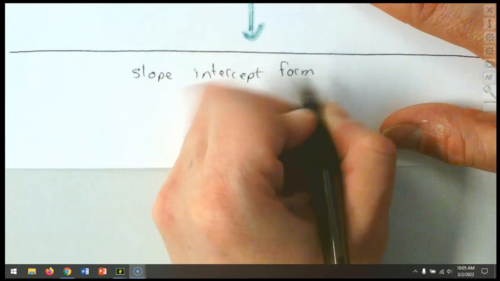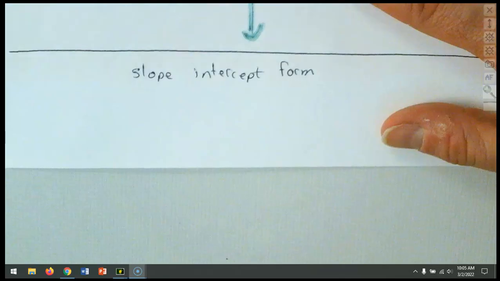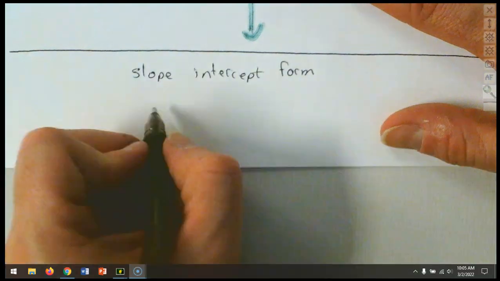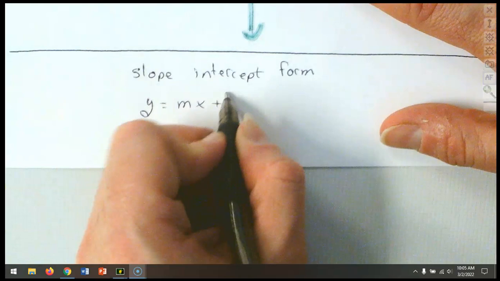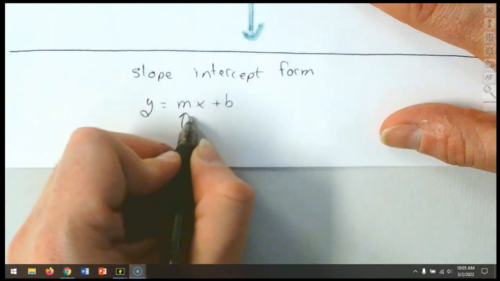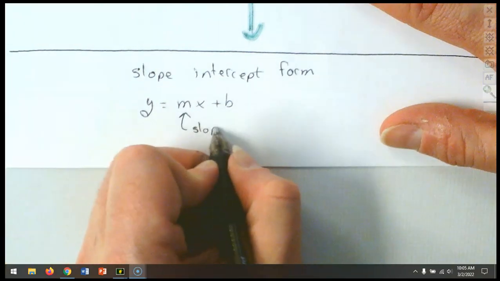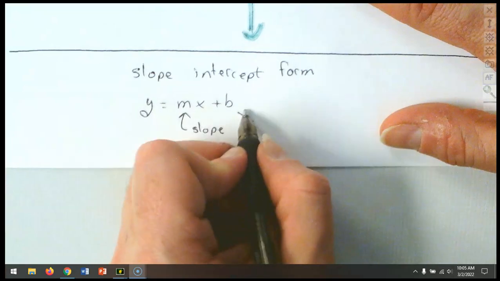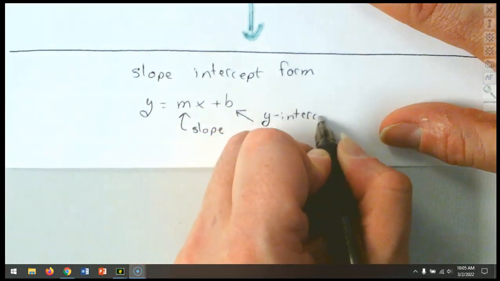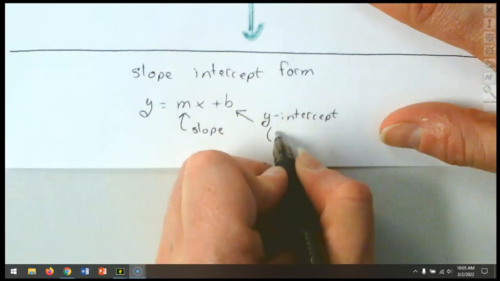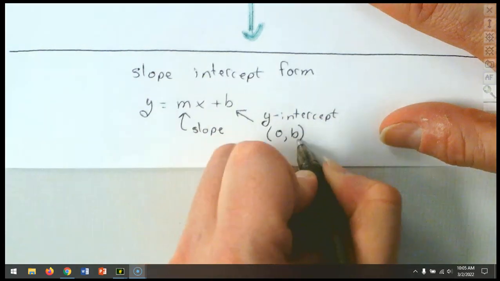Many of you are probably familiar with this already. Slope-intercept form is y equals mx plus b. That m represents the slope, and the b represents your y-intercept as an ordered pair (0, b).